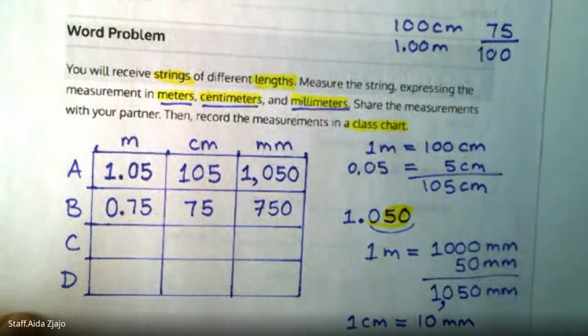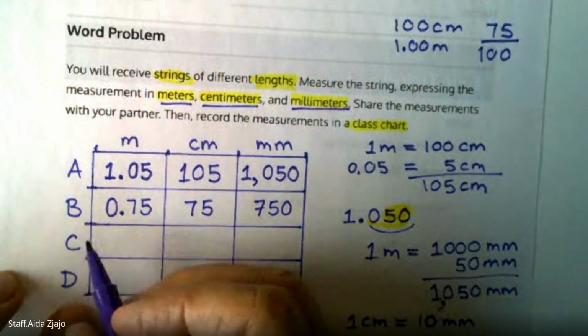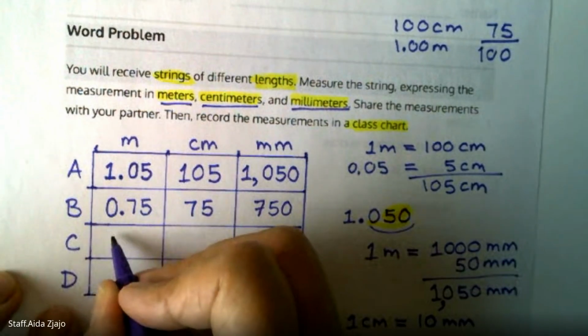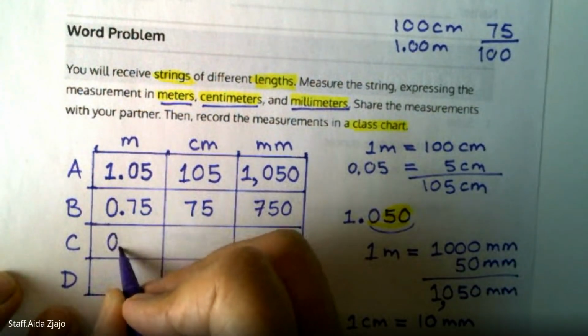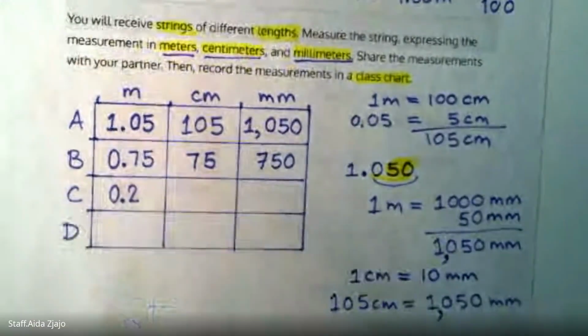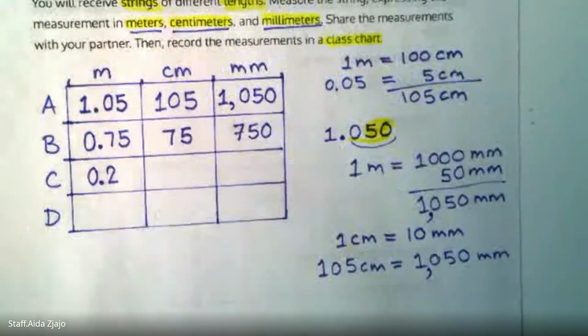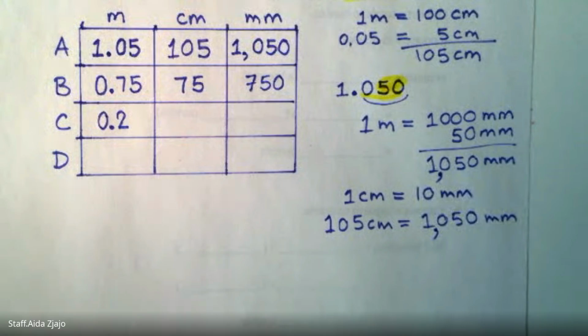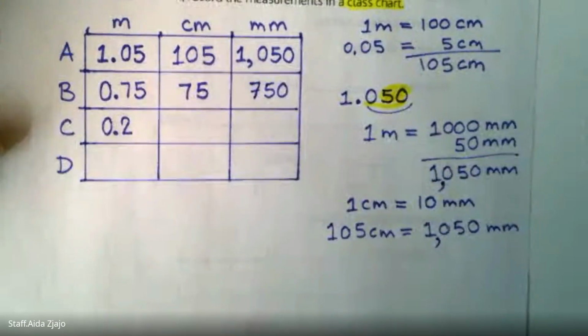Now, C is very small, it's 0.2. Usually kids don't use decimeters, but I think it's important, and I don't know why they skip it.